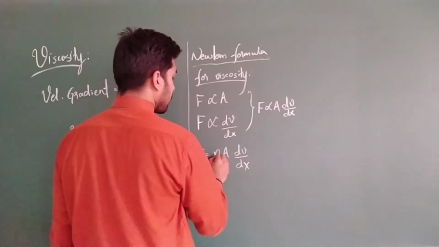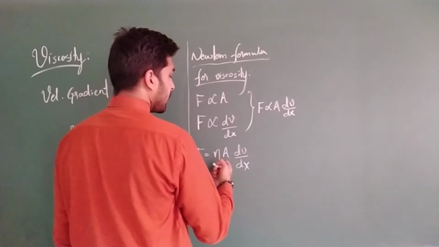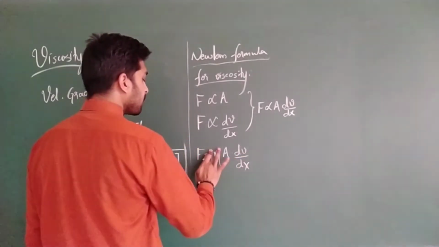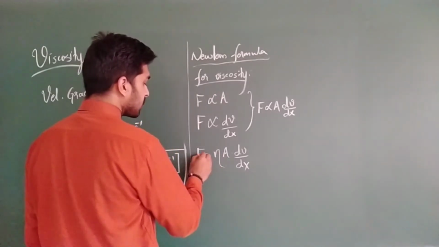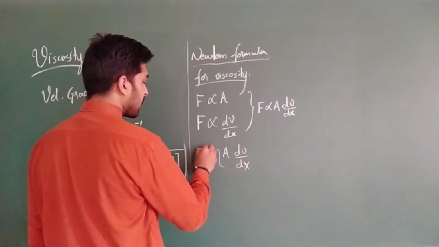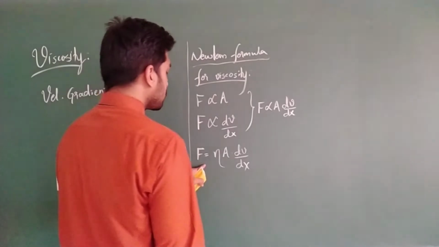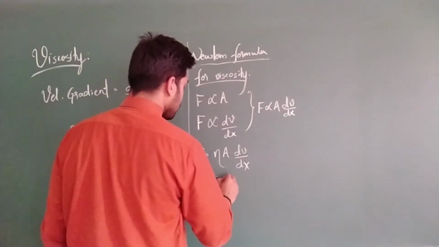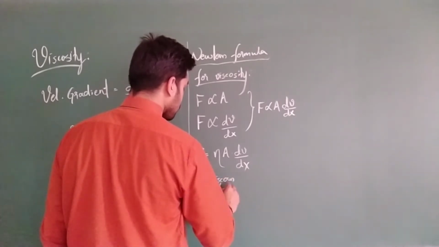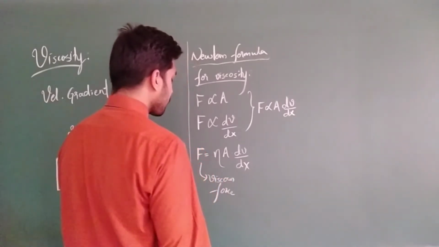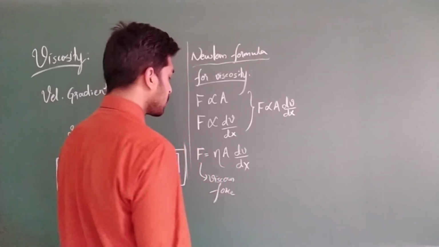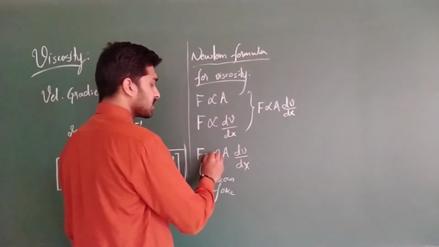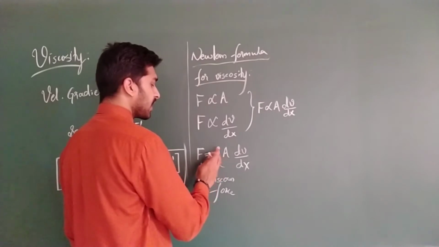Here F is the force of retardation, or the viscous force. This viscous force and the motion of the flow of liquid are opposite in direction, that's why we introduce a negative sign.